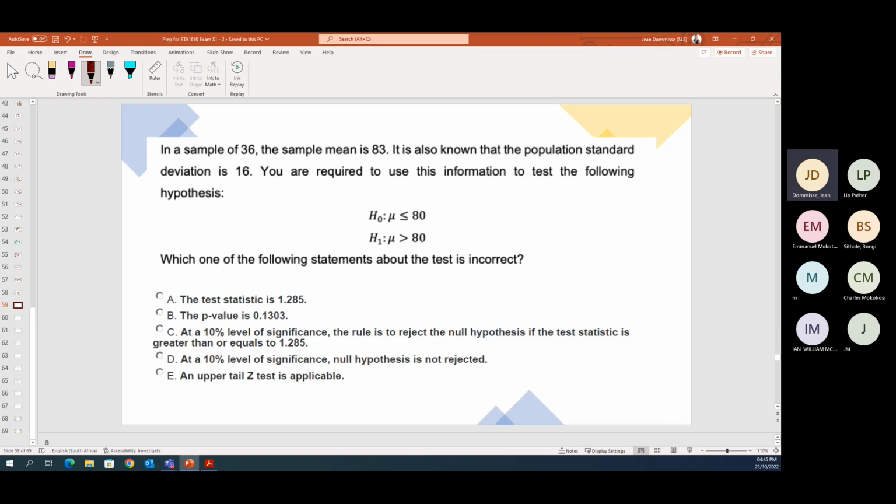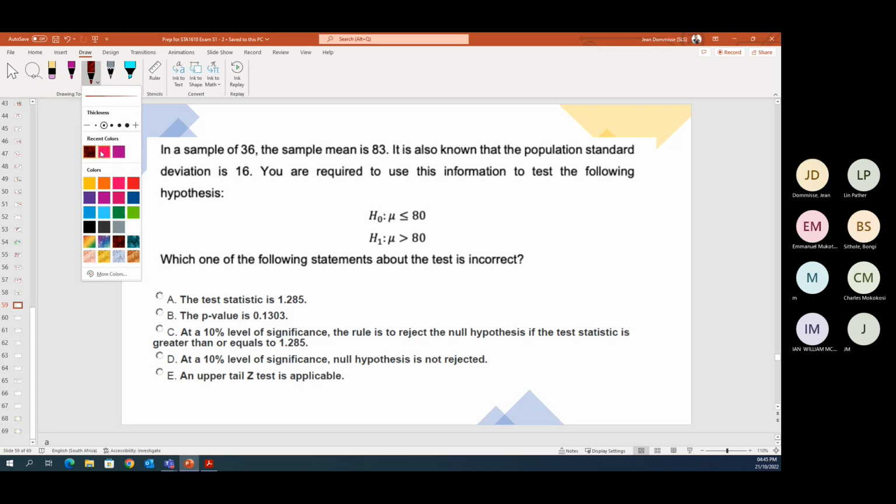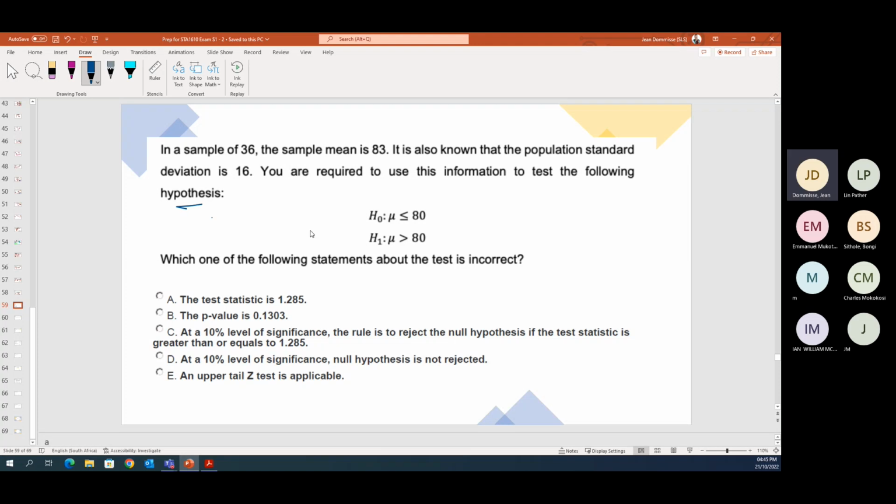Okay, so let's continue with the next one. So now we're starting hypothesis testing. There are a few things in hypothesis testing that I think are important, so let's quickly go through this.